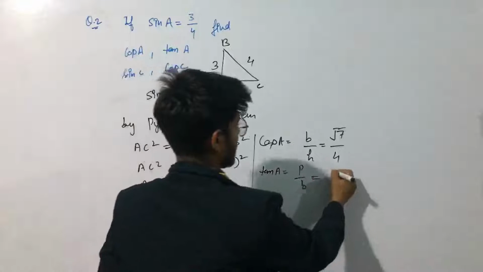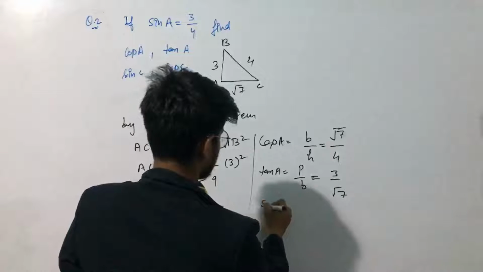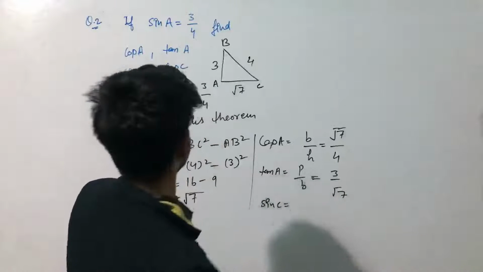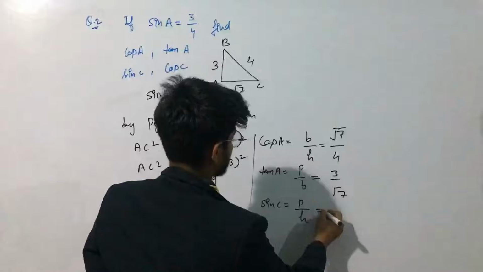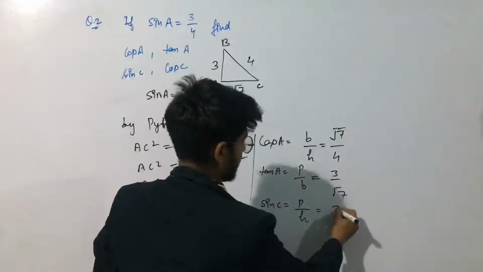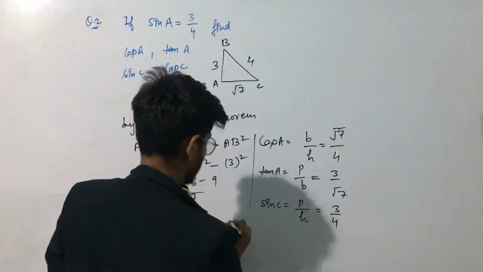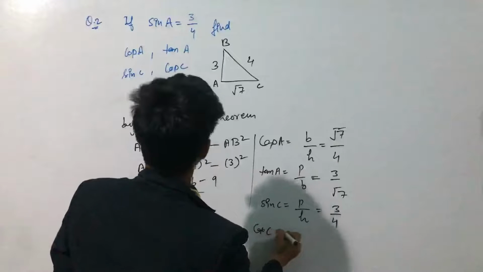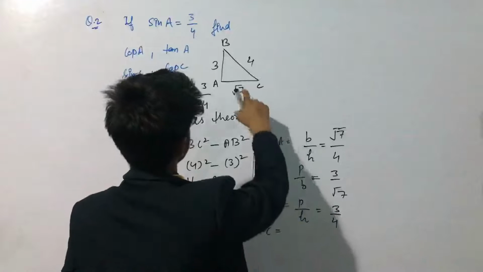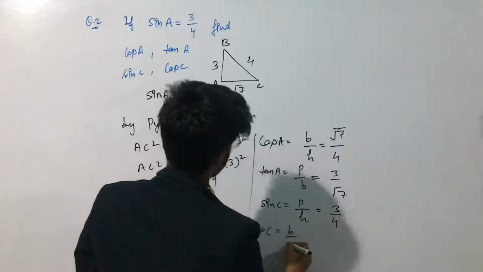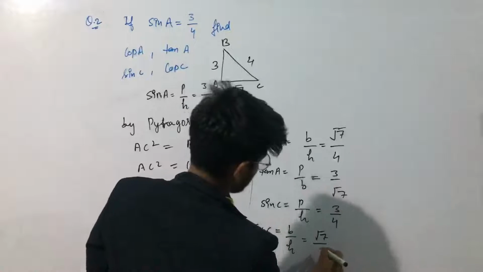Perpendicular is 3, base is root 7. Sin C is equal to perpendicular upon hypotenuse. Perpendicular is 3, hypotenuse is 4. Cos C is equal to base upon hypotenuse. Base is root 7, hypotenuse is 4.